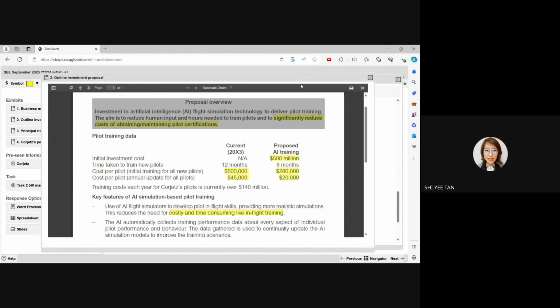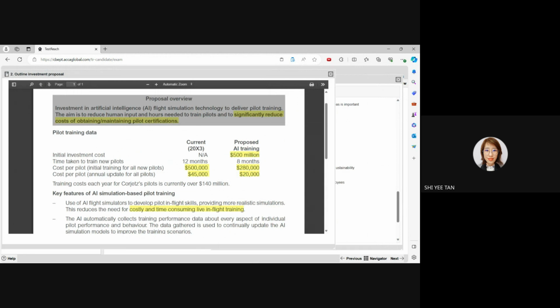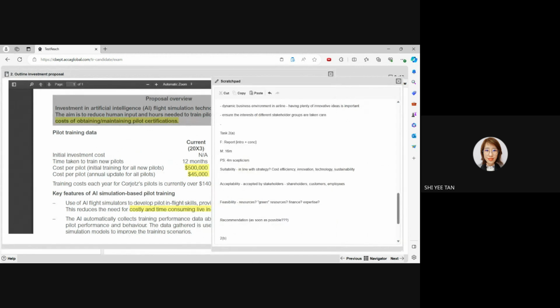The first thing I see is it significantly reduces the cost of obtaining and maintaining pilot certificates. When you significantly reduce cost, it is suitable because they have a low cost strategy.